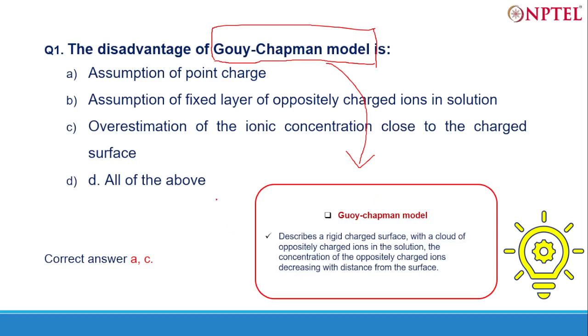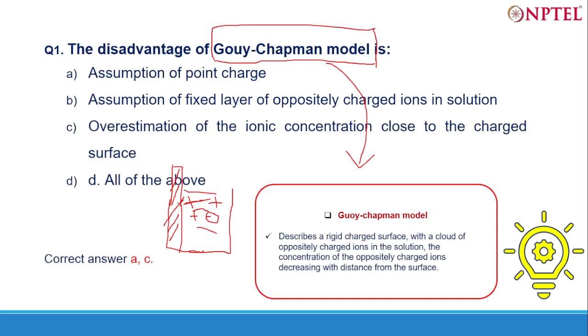So what is this model actually saying? If there is a solution and this is the surface, and in this solution there are some oppositely charged ions, then oppositely charged ions attract each other.